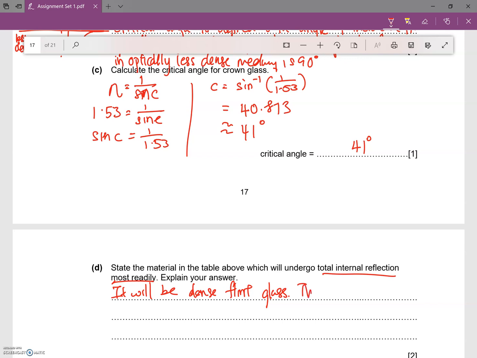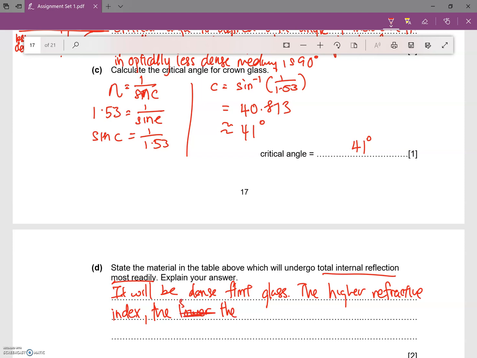Because the higher the refractive index, the lower the critical angle.